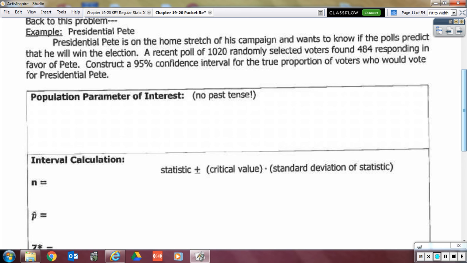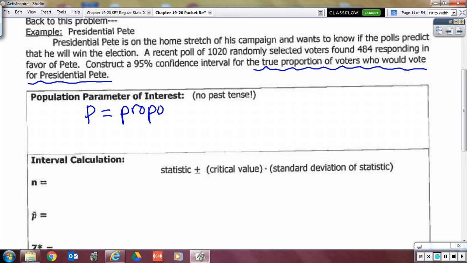All right, so what is the parameter? What is this problem about? Yep, who do what? Who vote for Presidential Pete. Very good. So how do I start this? P equals. Good.